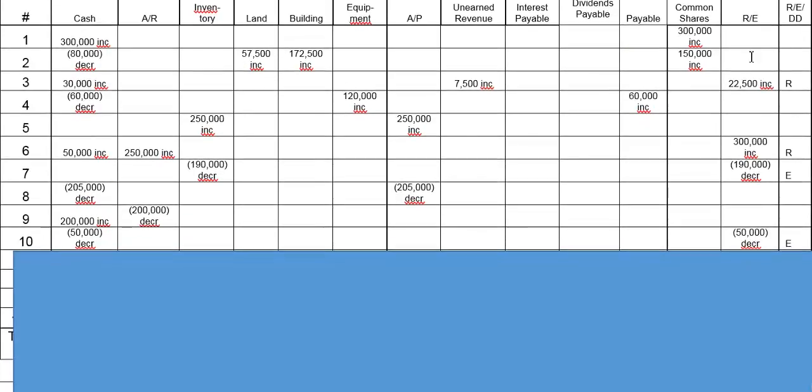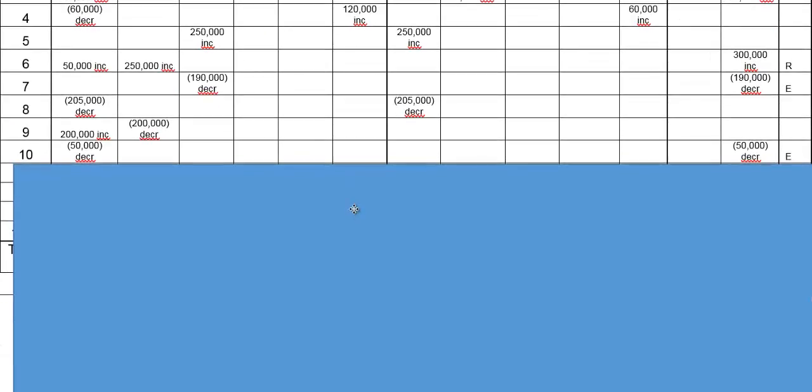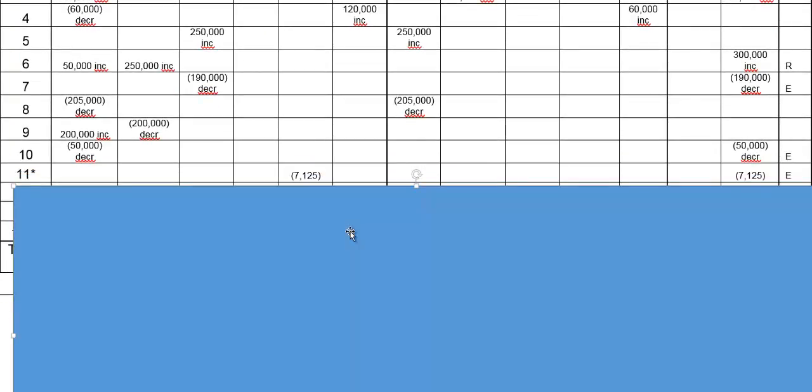So we've got equity decreasing, we've got cash decreasing, so that means assets decrease. So we've got assets coming down on the left-hand side of the equal sign. We've got equity coming down on the right-hand side of the equal sign. Nothing's happening with liabilities. So the accounting equation is still in balance, right? Now let's go look at number 11.